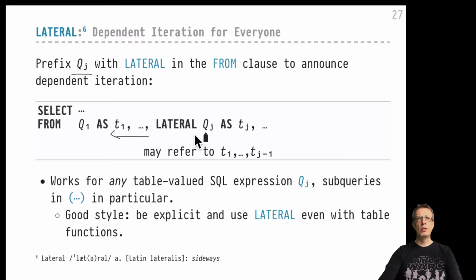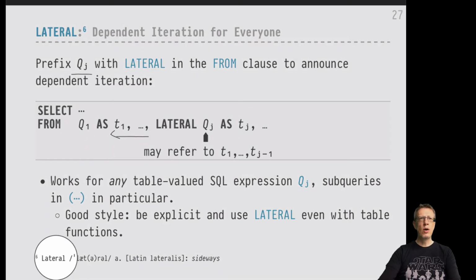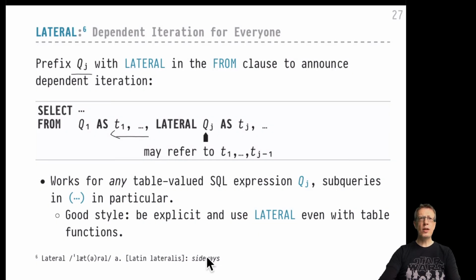Actually the keyword lateral is very well chosen because it has its origin in Latin, where it comes from the Latin lateralis, which means sideways. And that's, I think, a very reasonable and fortunately chosen name, because information is passed sideways from the left here of these first tabular subqueries on to the right sideways until we reach Qj, where we can access the earlier introduced row variables.